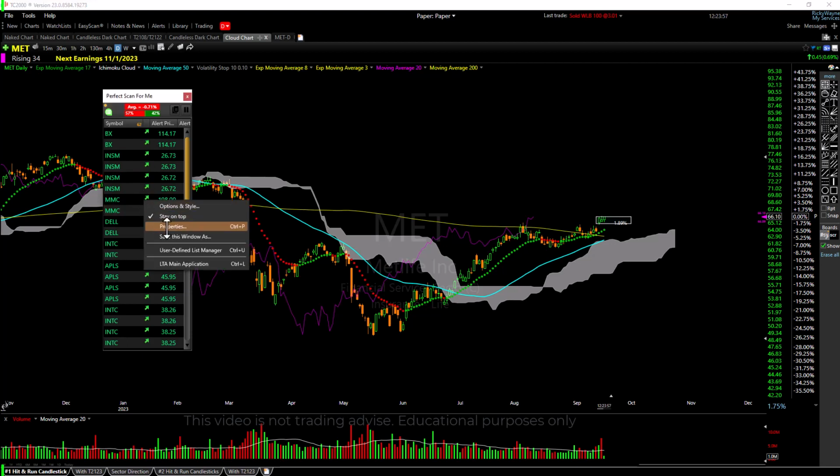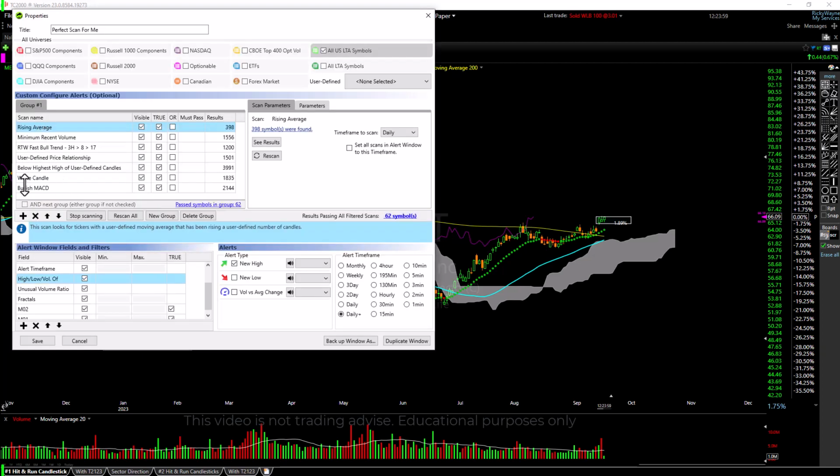And none of this is going to change. Well, let's get rid of that right there. Whoops, there we go. None of that's going to change except that everything will be backwards. So everything here will change to backwards except for minimum volume. That'll stay the same for short. But if you want price below the cloud, you can add that.